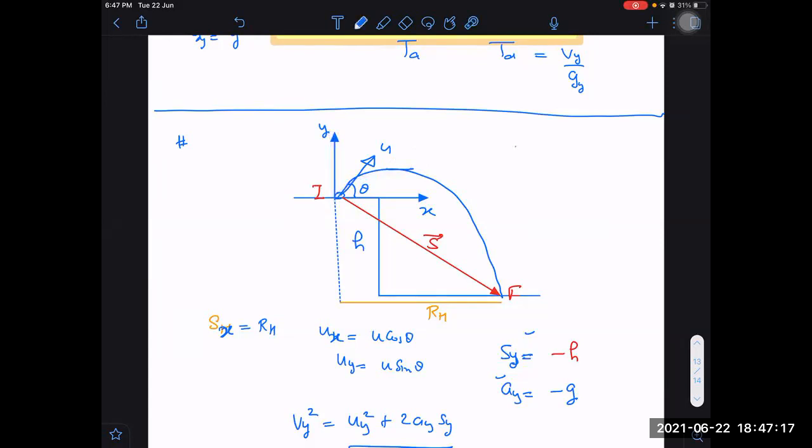So what will be our equation? vy is equal to uy plus ay into time of ascent. What is vy? 0. What is uy? uy only. What is ay? Minus g. What is t? Time of ascent is ta. So what is ta coming out to be? Is it coming out to be uy upon g or not?